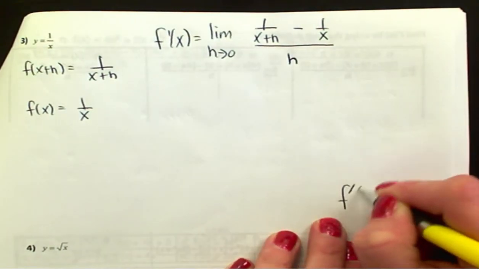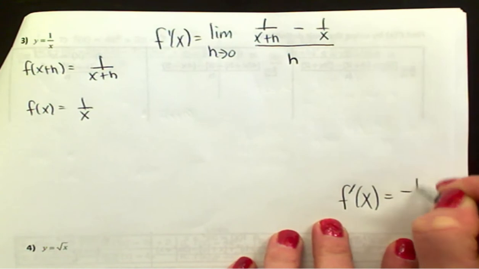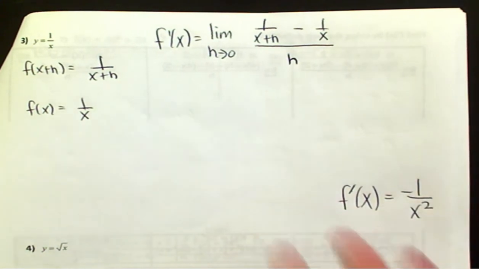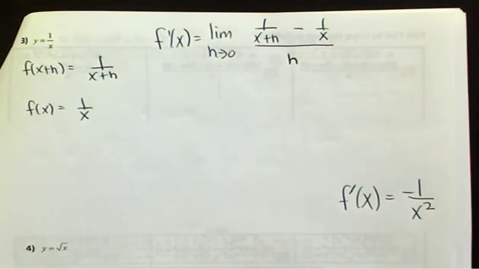I'll put the answer down here so you can check. Okay, see if you can get there. There's your statement. Common denominators. Multiply by reciprocal. If you get number 3, go ahead and try number 4 there.